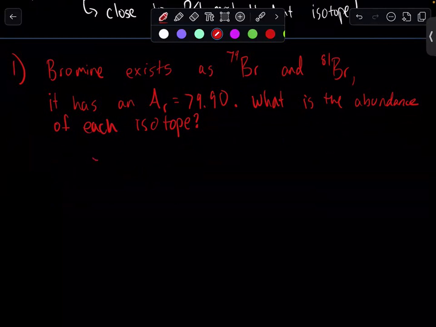So using our formula, I'm going to start with my abundance. 79.90 is equal to the isotope mass, 79, times its percent abundance.